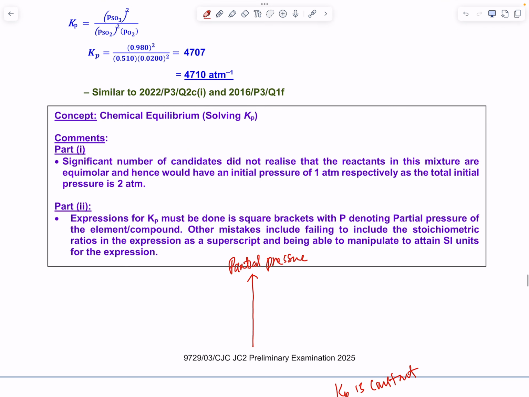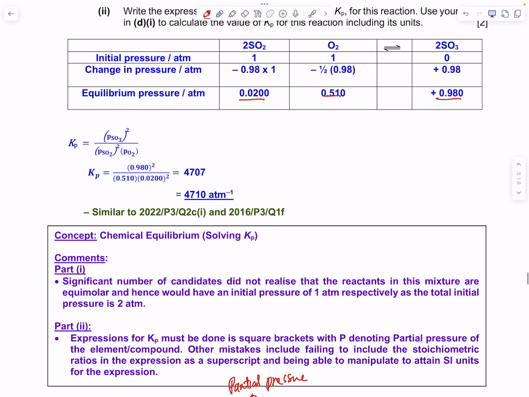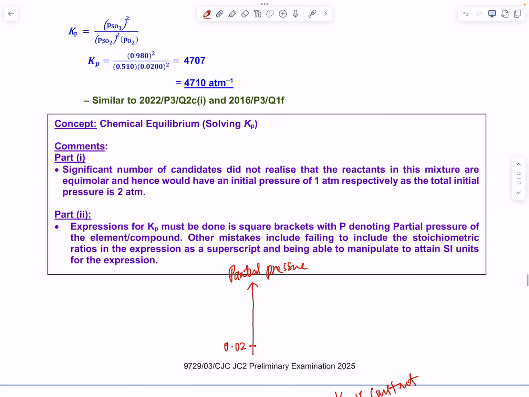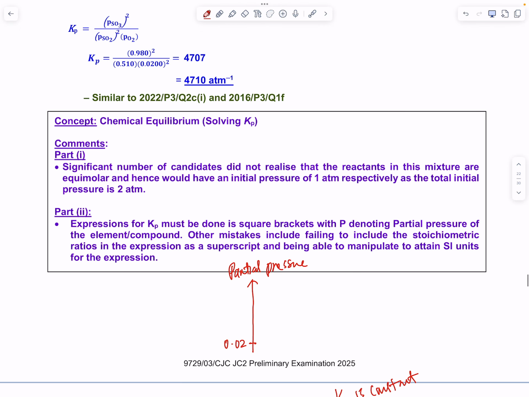So 0.02 is the lowest, then 0.51 and 0.980. So you have 0.980 right at the top, and then 0.510 over here.